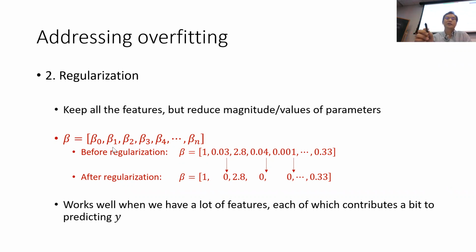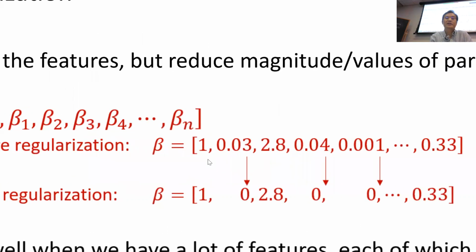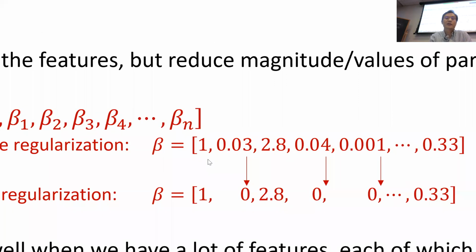And this procedure is called regularization, where we want to reduce the magnitude of values of parameters. So before regularization here, every single beta has a value greater than 0 in absolute value. But after the procedure, you reduce some of these to zeros. Okay.